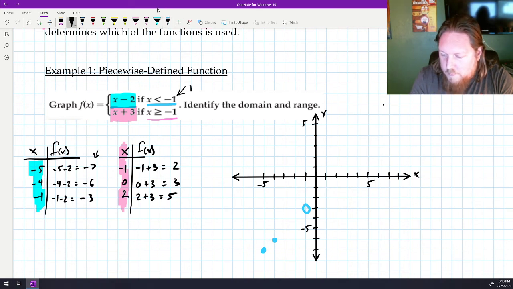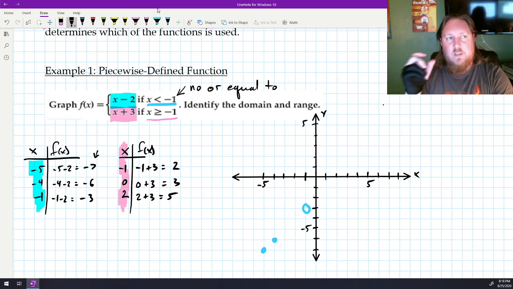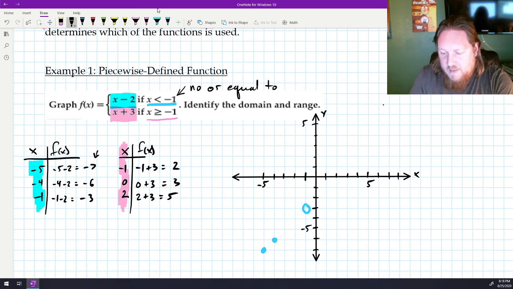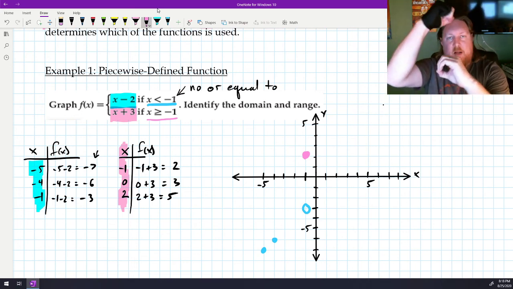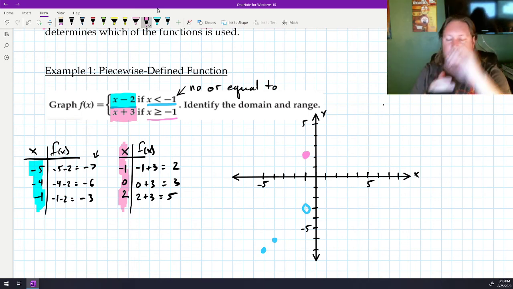There's no or equal to in this first domain, which means negative 1 actually isn't included, it's just everything up to it. So I'm going to use an open dot there for that specific point. And then for the pink, I'm going to go to negative 1, and you can see it goes all the way up to positive 2. And that one, because it does have an or equal to, we're going to use a solid point. And that open point and the solid point on top, that's how we keep this as a function. Otherwise it would fail the vertical line test.